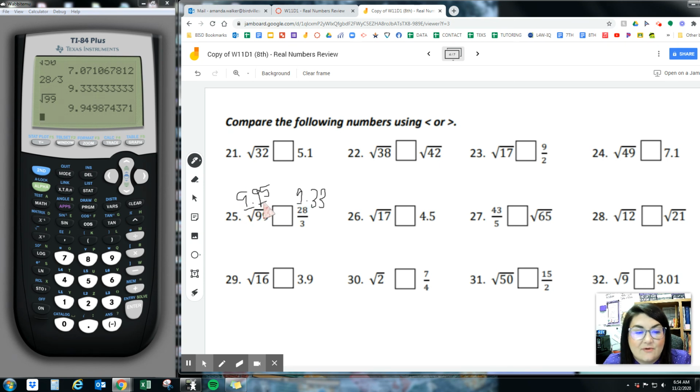Go to the next value. We have 9 and 3. That shows us that this value over here is larger. So we want the larger side of the sign to face that number, the greater than side to face this, and the less than side to face the lesser number. Okay, you can pick any other 4 of those.